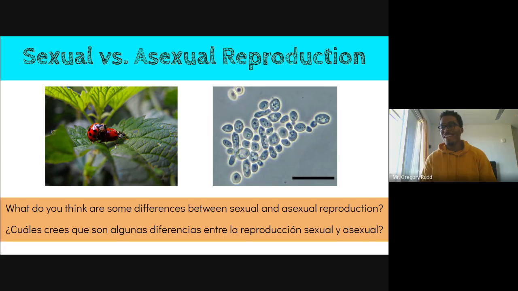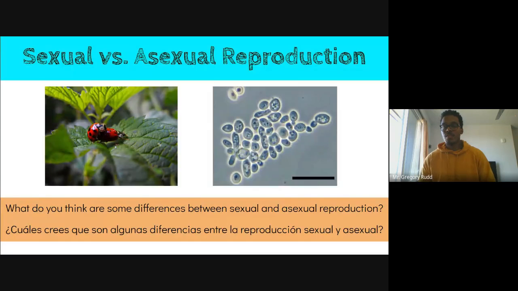Thank you for that euphemism. Yes, you're right. So one organism in asexual reproduction is going to essentially make a clone of itself, a copy of itself. Sexual reproduction typically involves two individuals, one individual that provides sperm, a second individual that provides an egg cell, and from that is a process of fertilization.